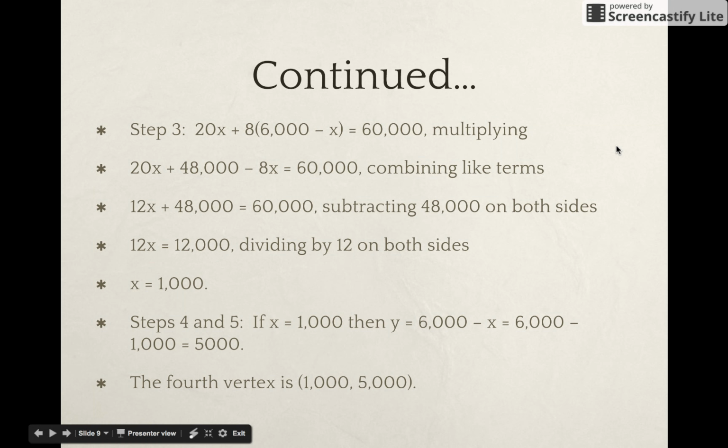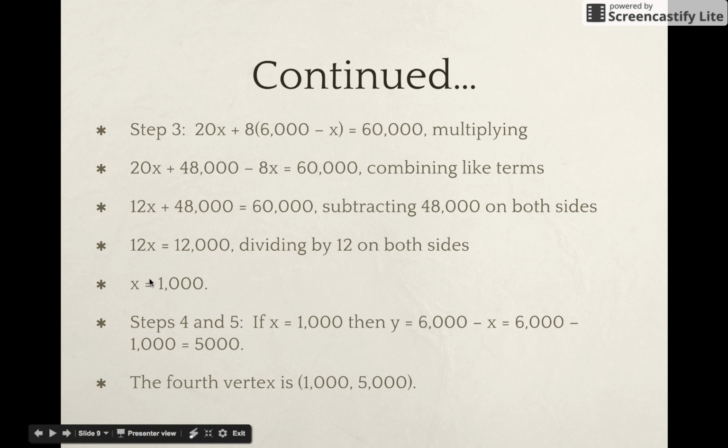Continuing with substitution, we have 20x plus 8 times the quantity 6,000 minus x equals 60,000. That is an equation that only has a single variable, and so we can go through our methods of solving linear equations to solve this.